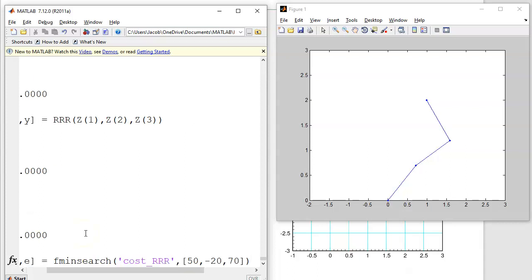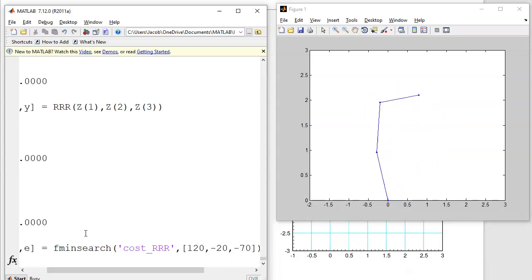Note that there are multiple solutions to this. If I change my initial condition, let's make it 120. I've got 3 degrees of freedom, 2 constraints, so there's an infinite number of solutions.